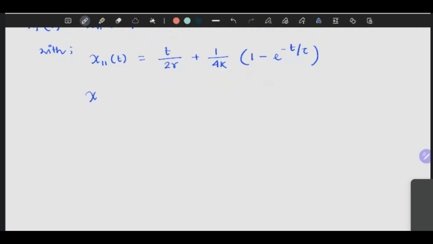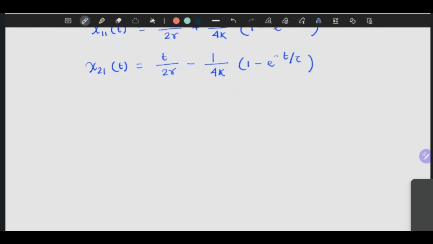Similarly, chi 21(t) becomes t/2 gamma minus 1/4k times (1 minus e to the power minus t/tau), where tau is equal to gamma/2k.